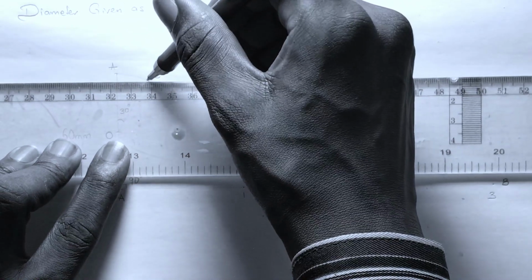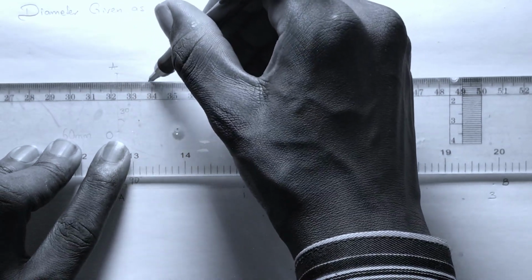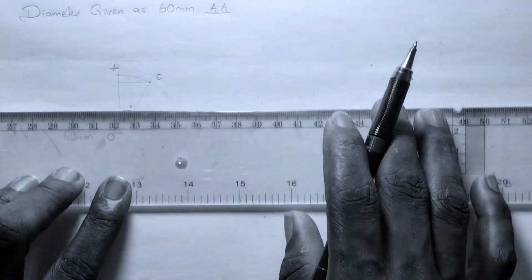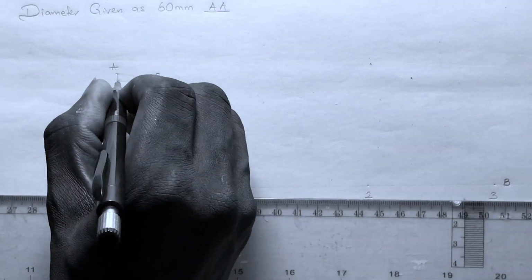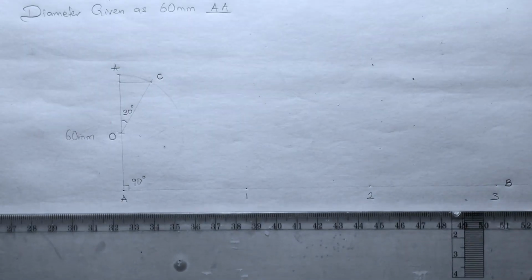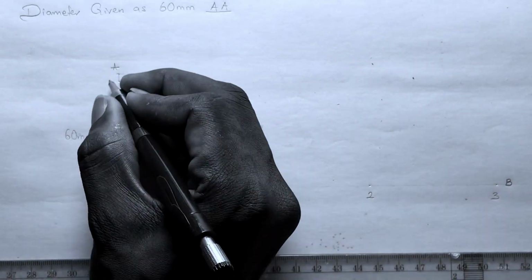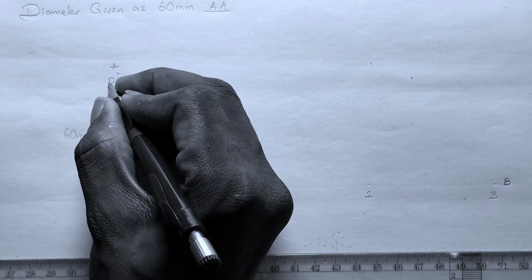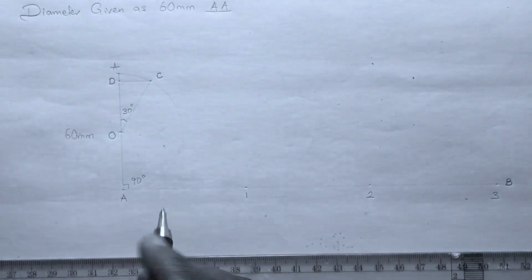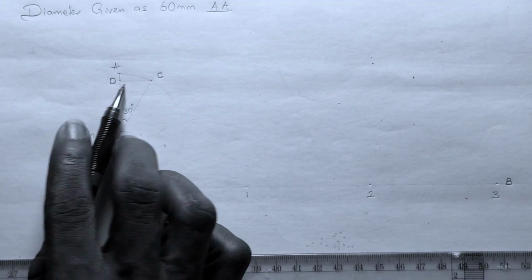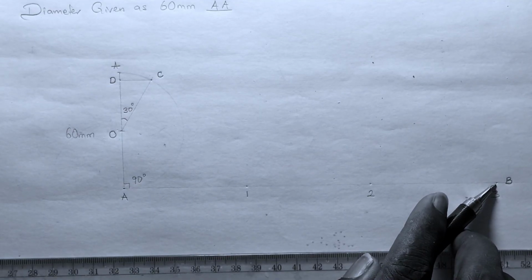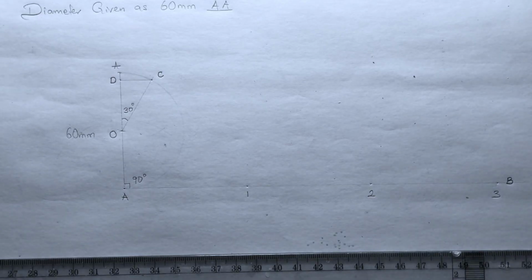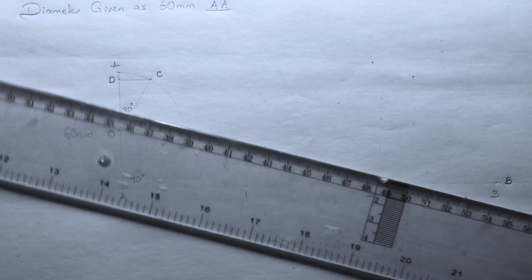So we extend point C to AA. After that, we have a new point which is point D. From point D, we are going to join it to our point B down here to get the length of the circumference of our circle.